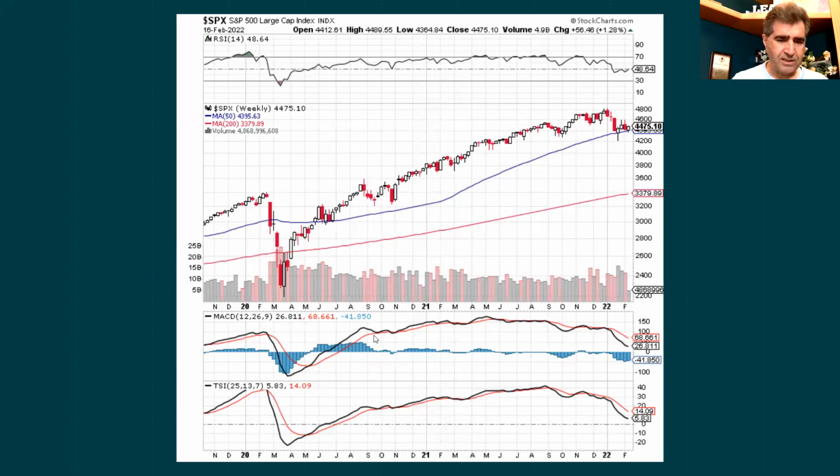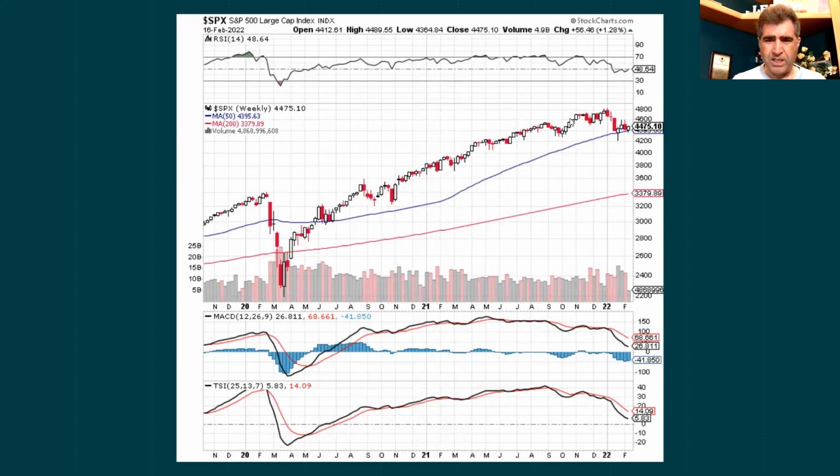We had a little false breakout, the same here, till maybe around here you're getting a little away from the center line. The same thing on TSI.